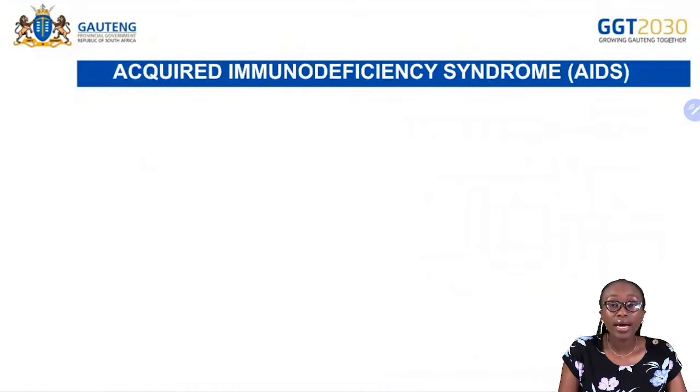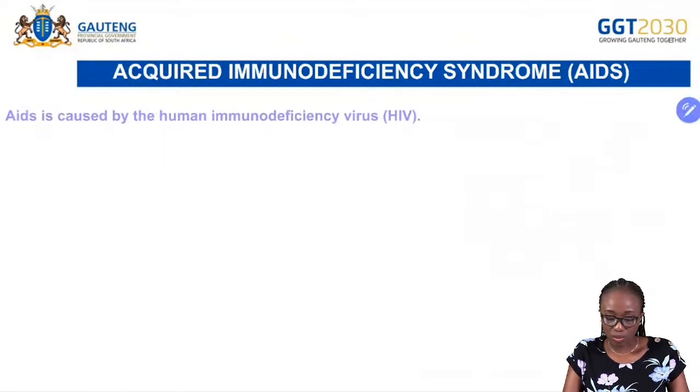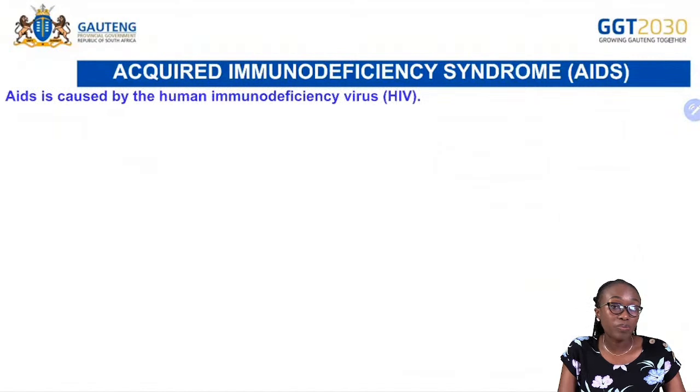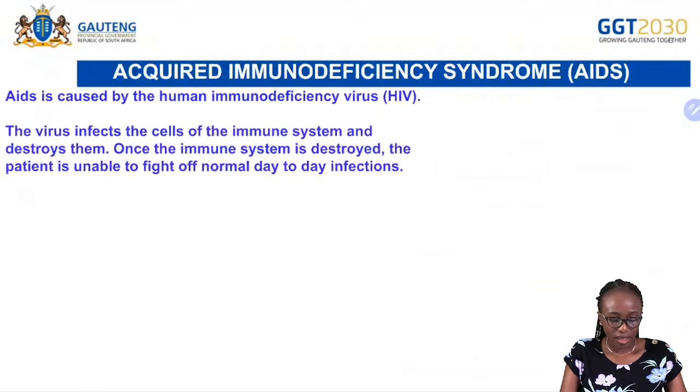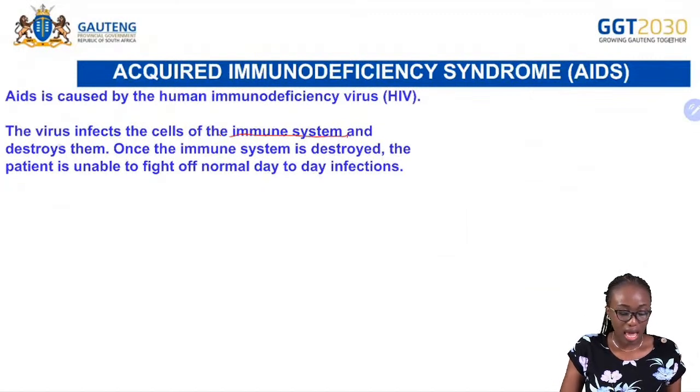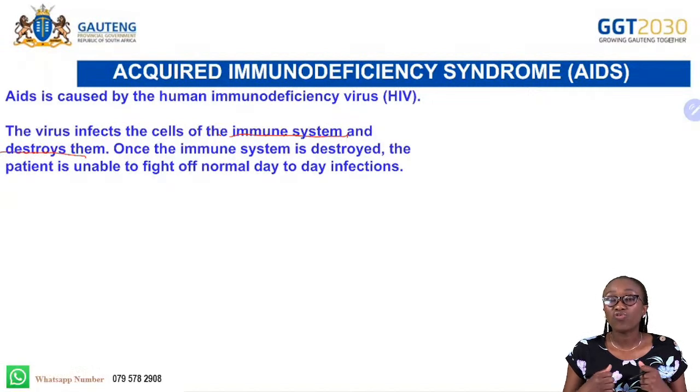Now, acquired immunodeficiency syndrome, AIDS, is caused by the human immunodeficiency virus, in short, HIV. So the virus, how does it work? The virus infects the cells of the immune system and destroys them. The immune system's job is to fight off diseases or disease-causing pathogens.